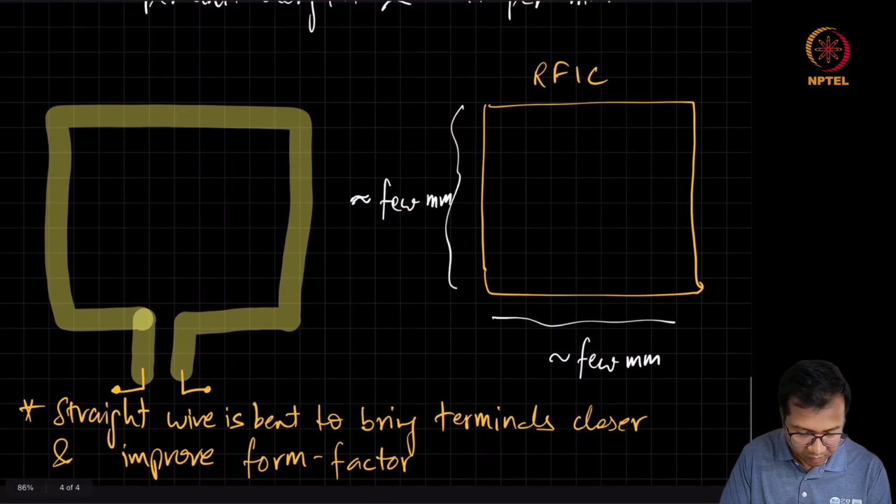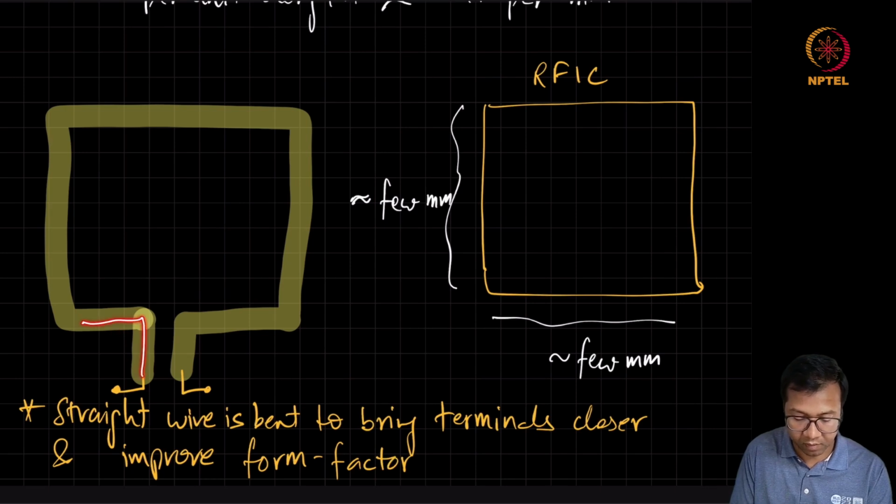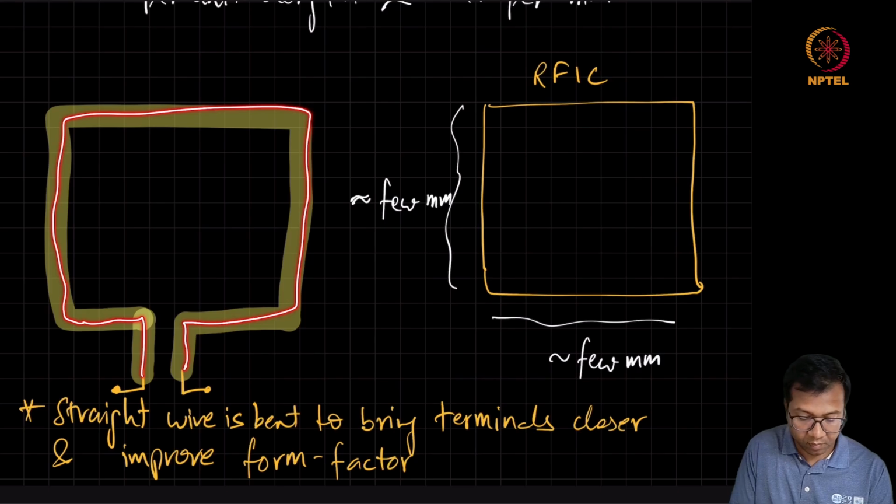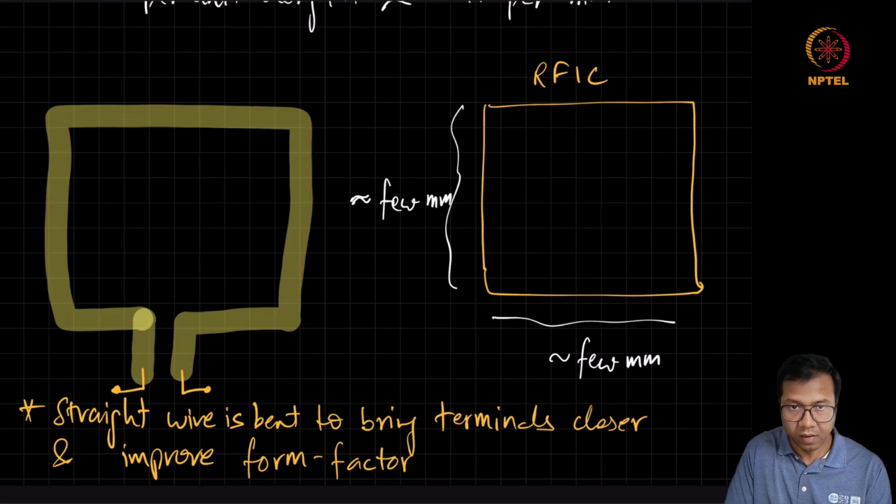Now we can see that the moment we have bent the metal into this shape, again when the current is going to flow, there will be a magnetic field associated with this inductor.